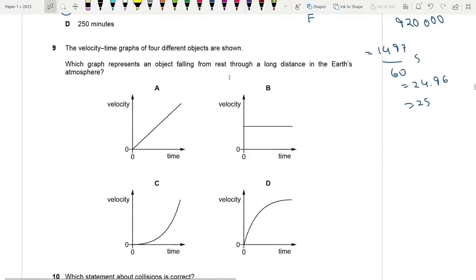Now the velocity time graphs of 4 different objects are shown. Which graph represents an object falling from rest through a long distance in the Earth's atmosphere? Okay, so if you are traveling in the atmosphere, obviously you will feel air resistance.